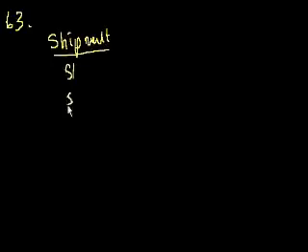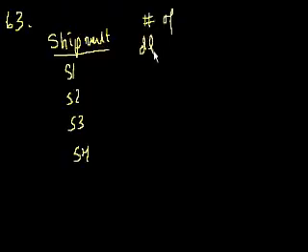Okay, so let me write down what they wrote so that we see the same thing. So shipment, and they label them S1, S2, S3, and S4. And then they ask us the number of defective chips in the shipment.